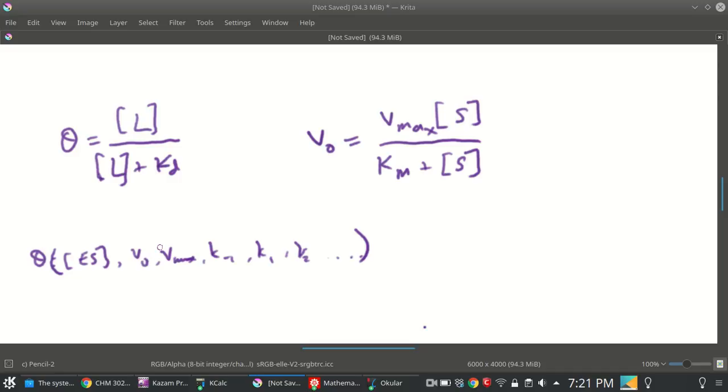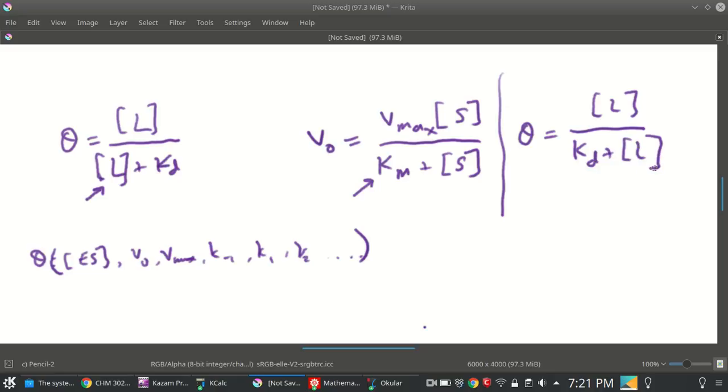Well, the first thing you do is you write down the Michaelis-Menten equation, just like I've done over here, and then you notice, oh my God, look, the denominator looks a lot like this. And you're like, huh, actually, if I write theta again, and I put the L up here, but then I switch the order since addition is commutative, like this, right? Then you're like, huh, it looks like the S is the L.